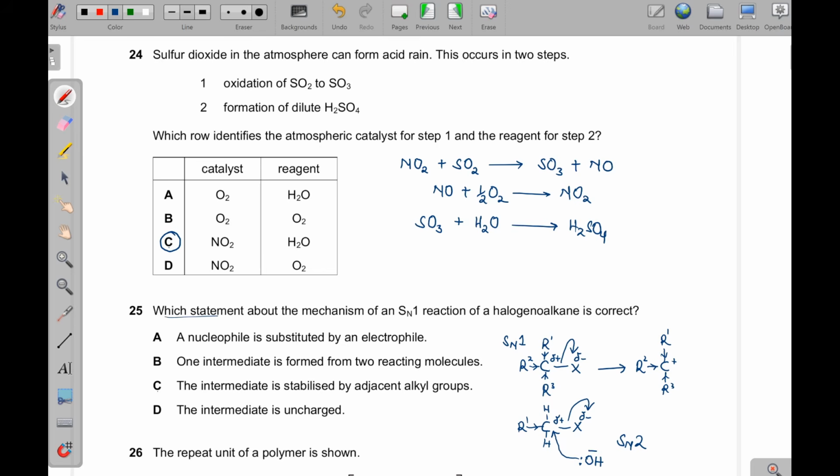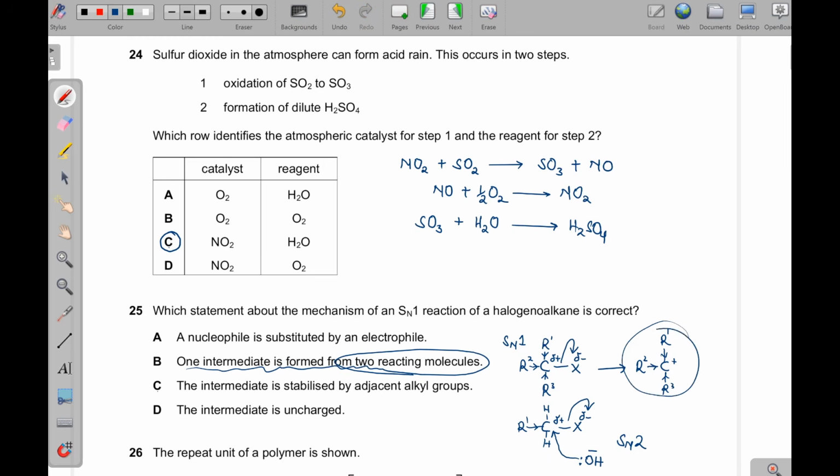Now they are saying which statement about the mechanism of SN1 reaction of a halogenoalkane is correct. A: A nucleophile is substituted by an electrophile. Of course, that is wrong. B: One intermediate is formed from two reacting molecules. No, this one is SN2.